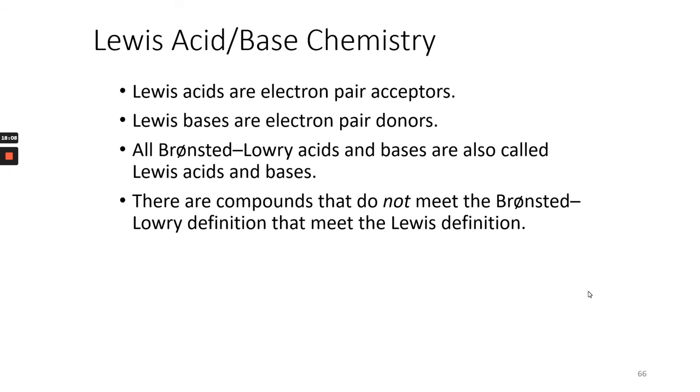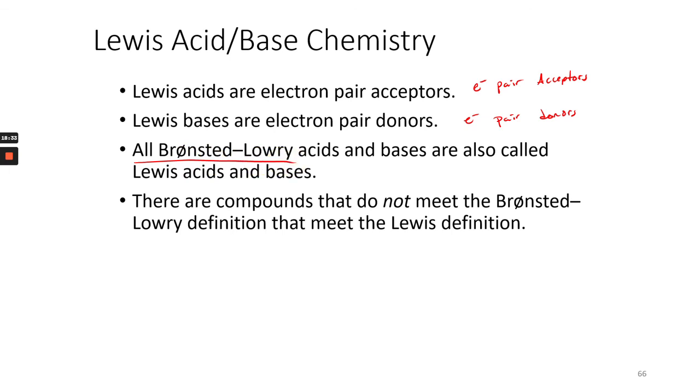The last thing we're going to talk about, and we already talked about this at the beginning of the chapter, we'll just review again, are Lewis acids and bases. Lewis acids are electron pair acceptors. A Lewis base is an electron pair donor.